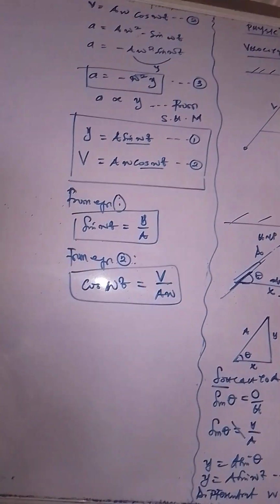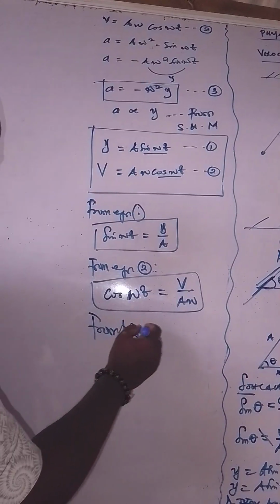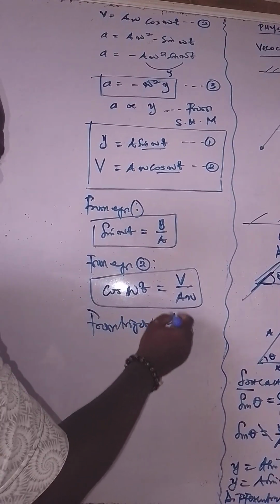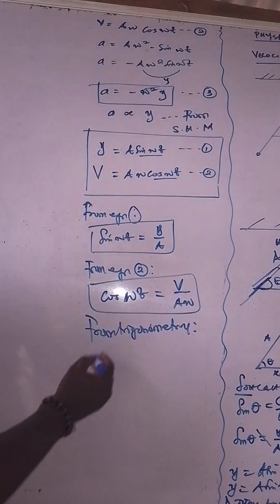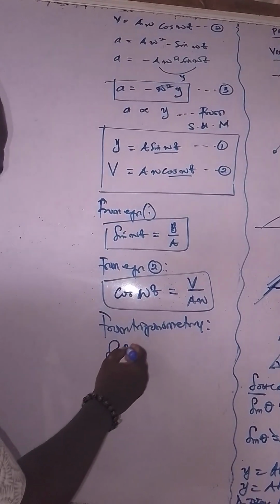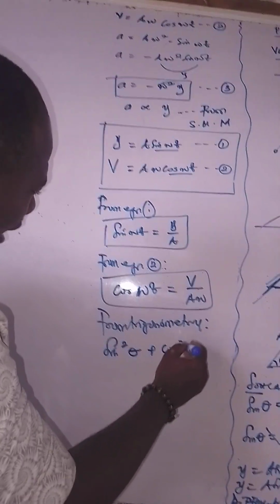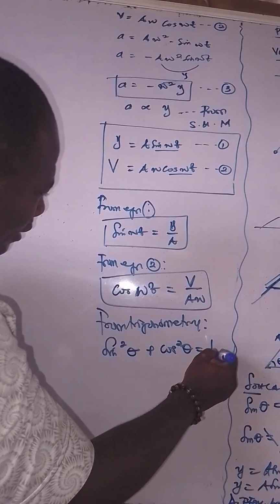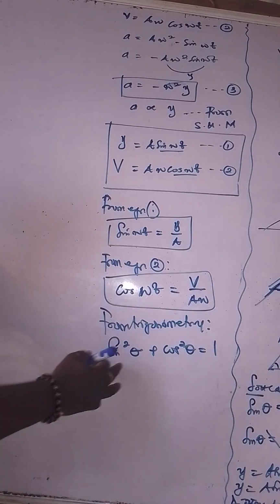But guys, from trigonometry, you know we have something. You have to know these things. A popular question. They can ask you to do the proof. So remember that sine squared theta plus cos squared theta equals 1. This is the standard for trigonometry. What's our theta?